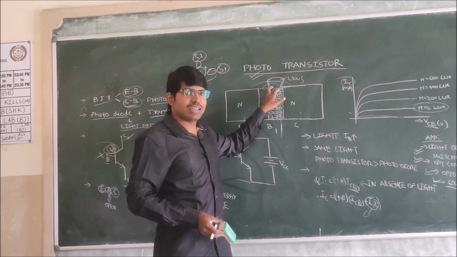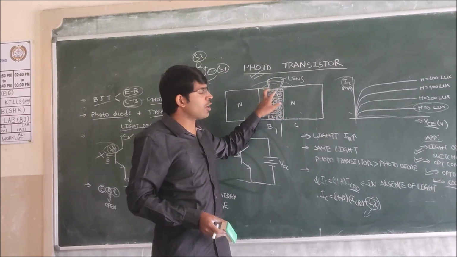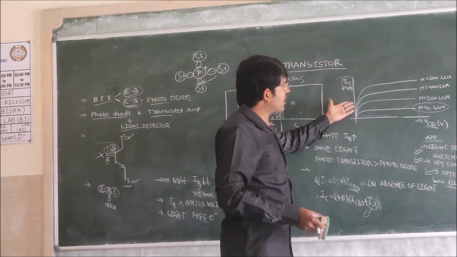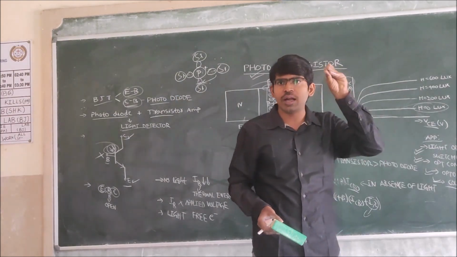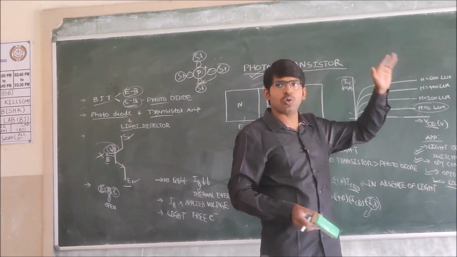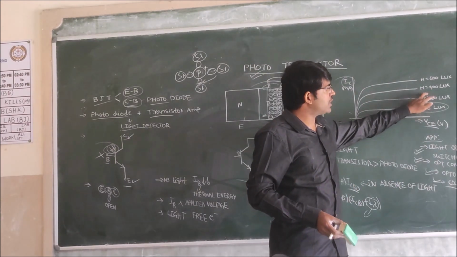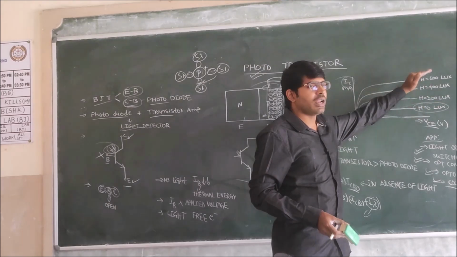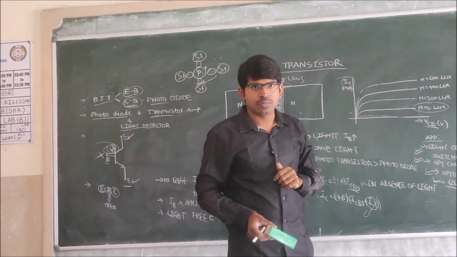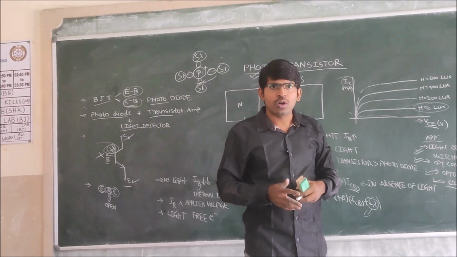By taking this light at the depletion region, electron hole pairs are forming. Because of these electron hole pairs, the collector current is being incremented. The more light falls on the collector base junction, the more the collector current increases. That's why we have represented that when the intensity of the light is increasing, the collector current is increasing the more. This is the phototransistor.